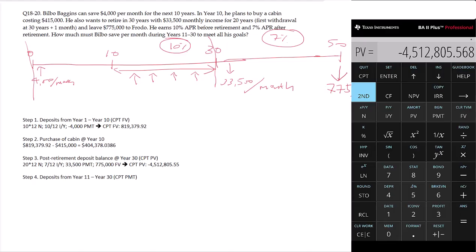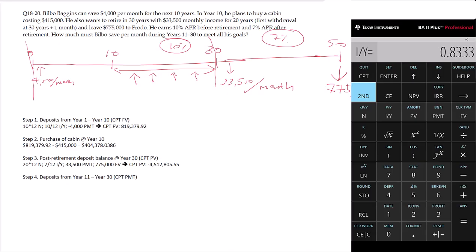So to be able to do so, let me just clear all my time value of money calculation. And I'm going to start with the number of years from year 10 to year 30. It's going to be 20 times 12 in months. So 20 times 12 will be 240 as your number of periods. And every monthly rate will be 10 divided by 12, which was 8.83333 as your I/Y.